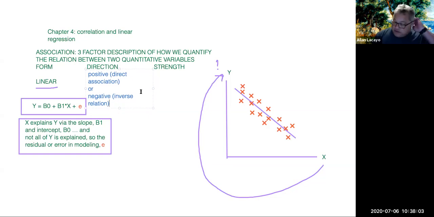So when we talk about direction, we will be describing a direction as being positive or negative. In non-linear situations, it is possible to see both a positive and a negative relationship for different domain values of the variable x. And then strength refers to the extent to which the model explains the relation between x and y.